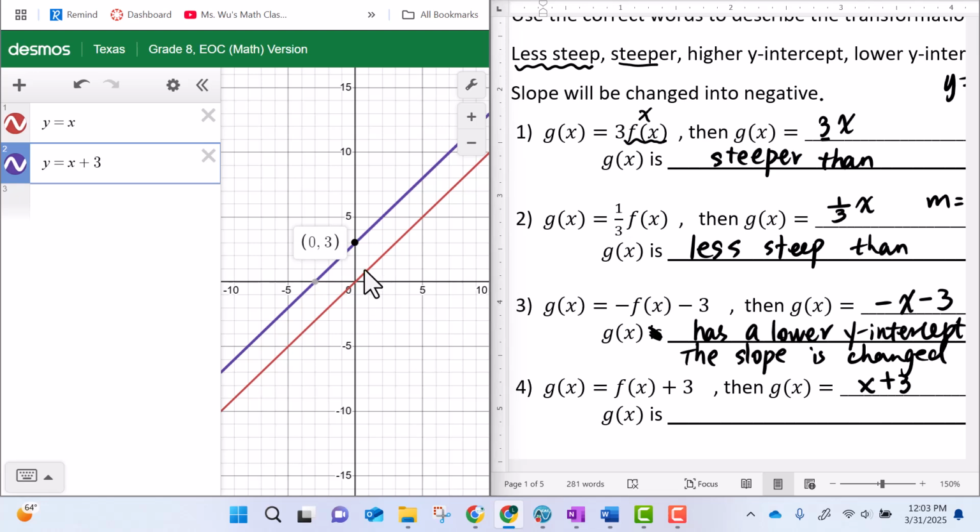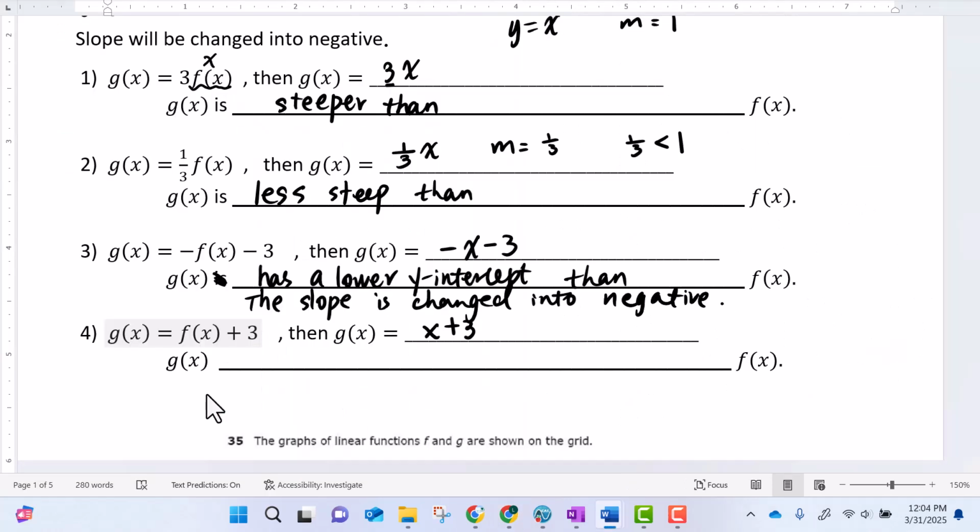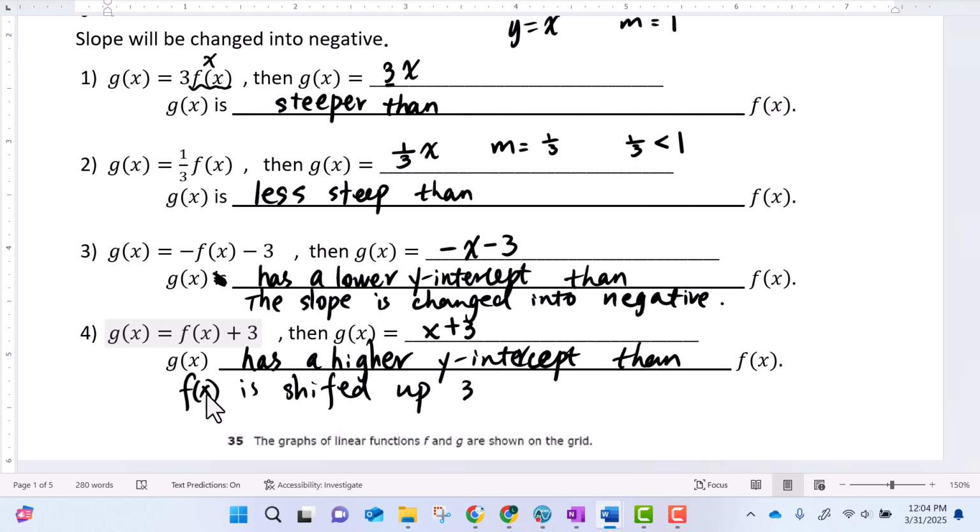Also, f of x is shifted up 3 units to get g of x. So g of x has a higher y-intercept than f of x. In other words, f of x is shifted up 3 units.